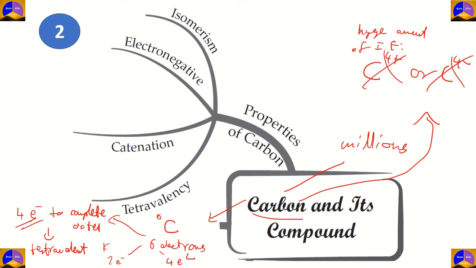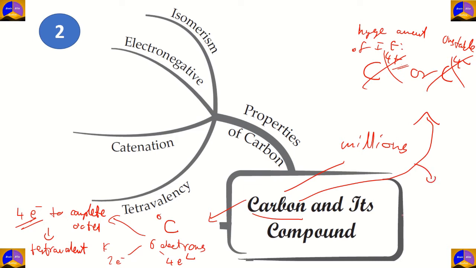So ionization energy is high in order to maintain C4+. And C4− is unstable because you will have 6 protons struggling to hold 10 electrons in a stable octet. So therefore, both C4+ and C4− are not possible.